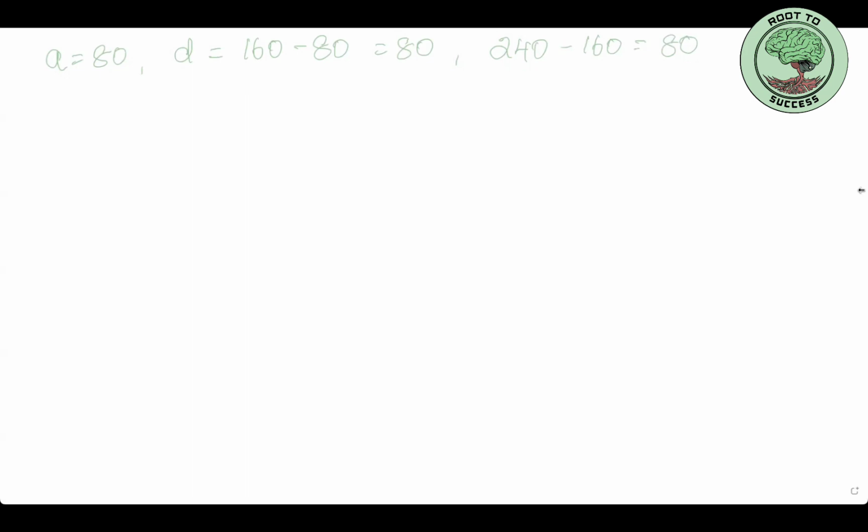So let's find out the interest at the end of 30 years. Let's find A30. A plus 30 minus 1 and D will be 80.